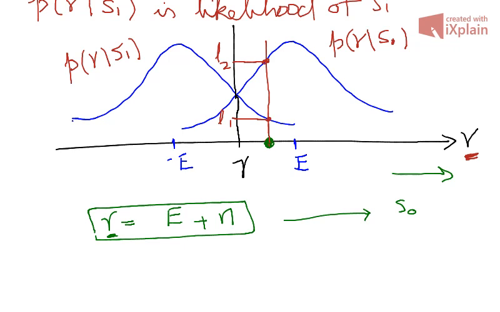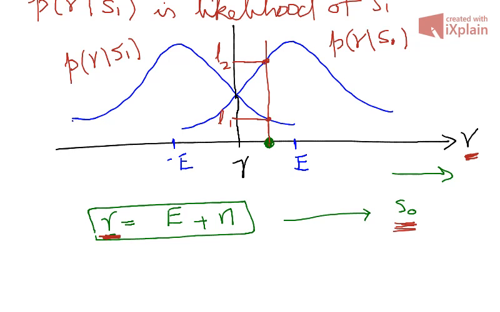Although at the transmitting end we know that we transmitted S0, the detector has to decide based on this value of R and the knowledge of the likelihood functions. Based on this knowledge, the receiver has to declare whether it is S0 or S1. This particular value intersects both the likelihood functions.